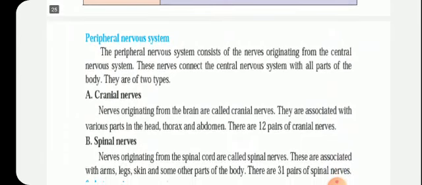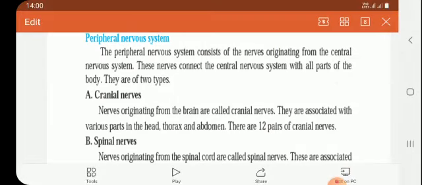These are the organs which are controlling the function, but the nerves originating from the brain and the spinal cord for reaching the different organs of our body are considered under the peripheral nervous system. So these nerves connect the central nervous system with all parts of the body.